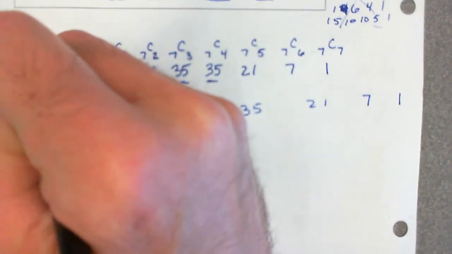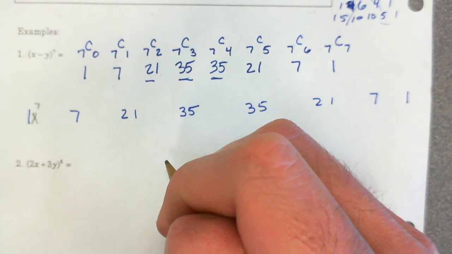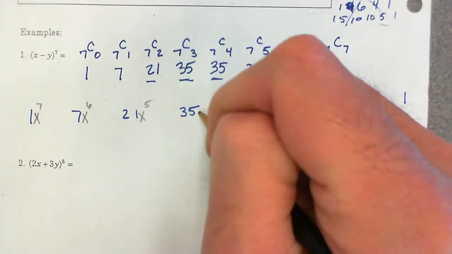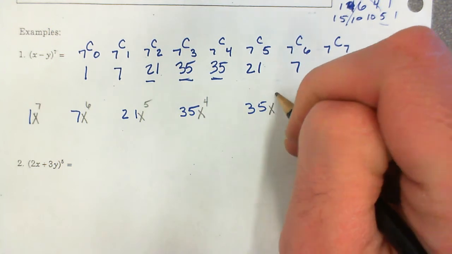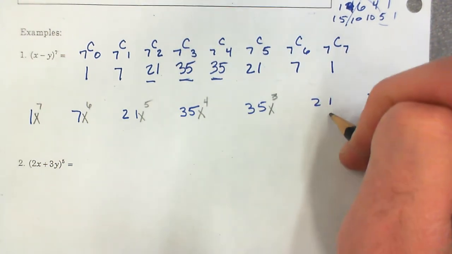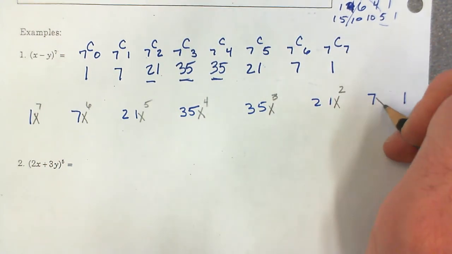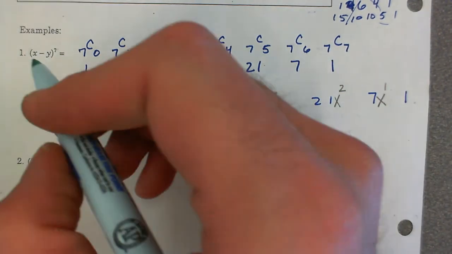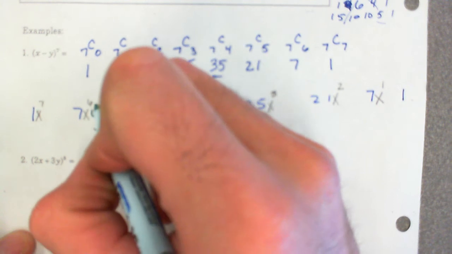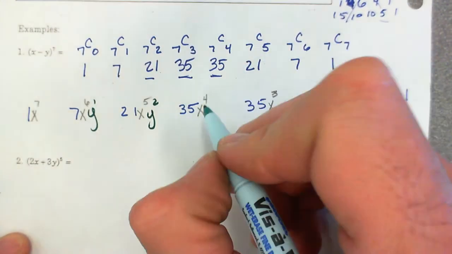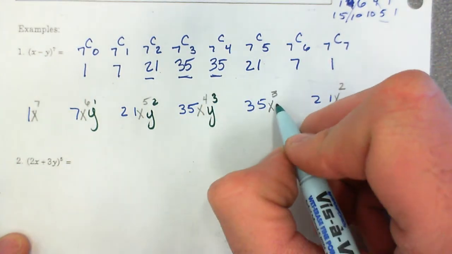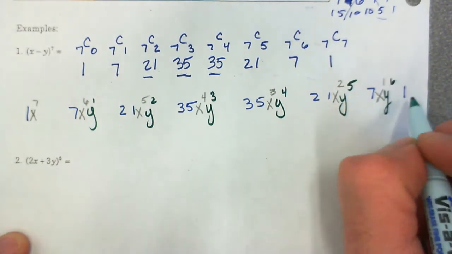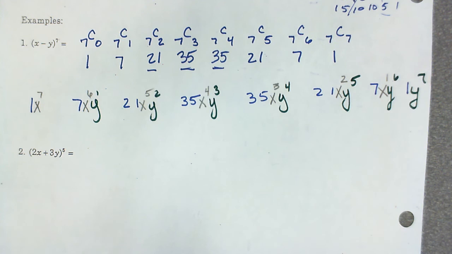So this is going to be x to the 7, x to the 6, x to the 5, x to the 4, x to the 3, x to the 2, x to the 1st, no x's. Then for the y's, no y's, y to the 1st, y to the 2nd, y to the 3rd, y to the 4, y to the 5, y to the 6, y to the 7.